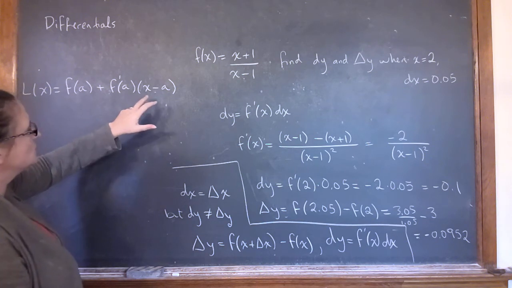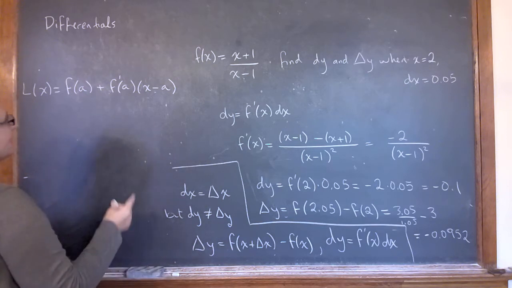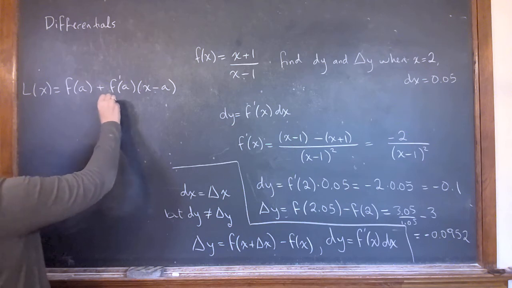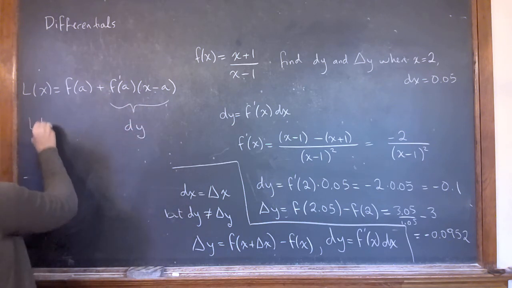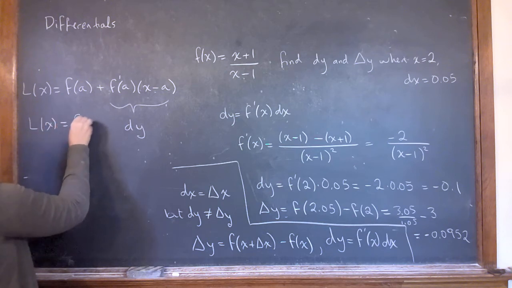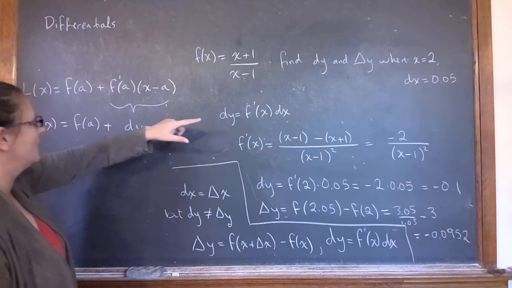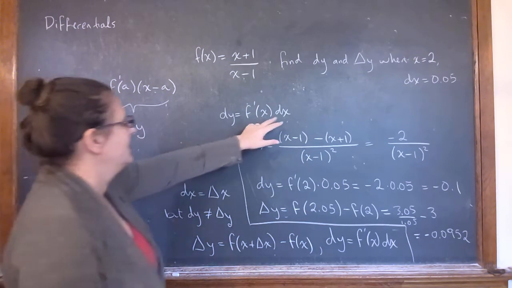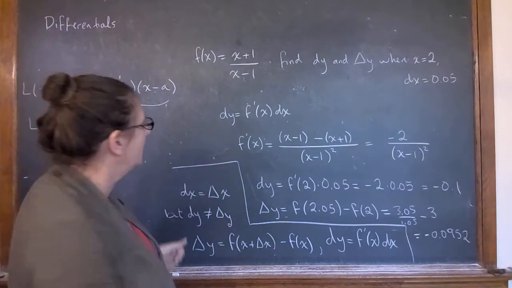This is just going to be a small difference. So in terms of differentials, this thing actually ends up being your dy. It's a little confusing because the x there corresponds to the a here, and the dx is the difference between the two points.